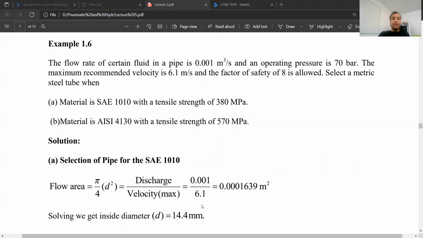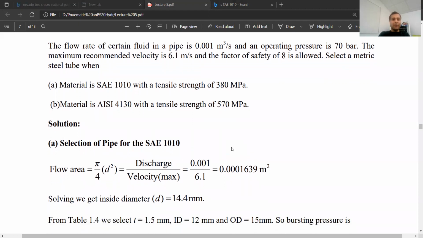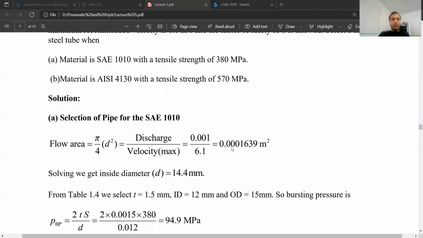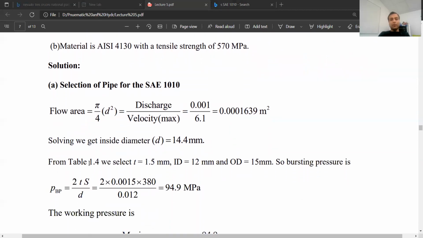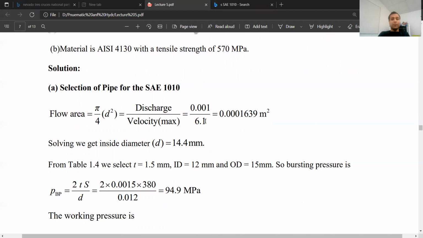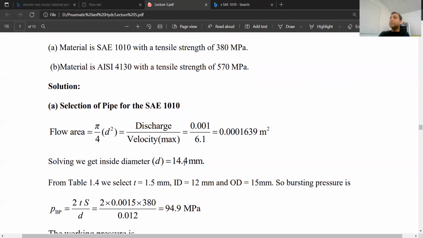Now we are just looking into the first part, the material with 380 megapascal tensile strength. Now we go back to the table, 1.4 table. The inside diameter is 14.45, so we already calculated that one. Obviously we can't find 14.4 in the table, so we look at one diameter less.